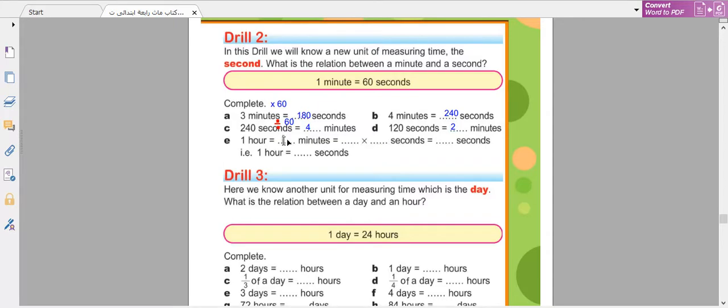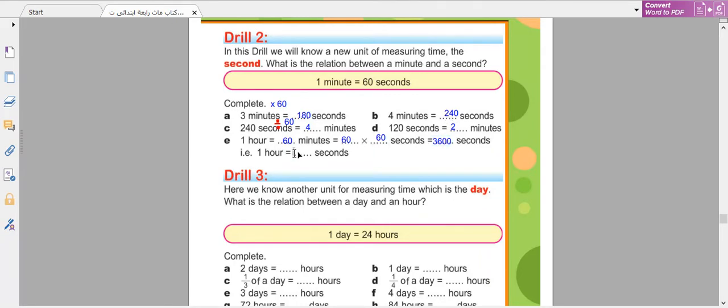1 hour equal 60 minutes, and equal 60 for minutes and 60 for seconds. So the result will be 60 times 60 equal 3,600.